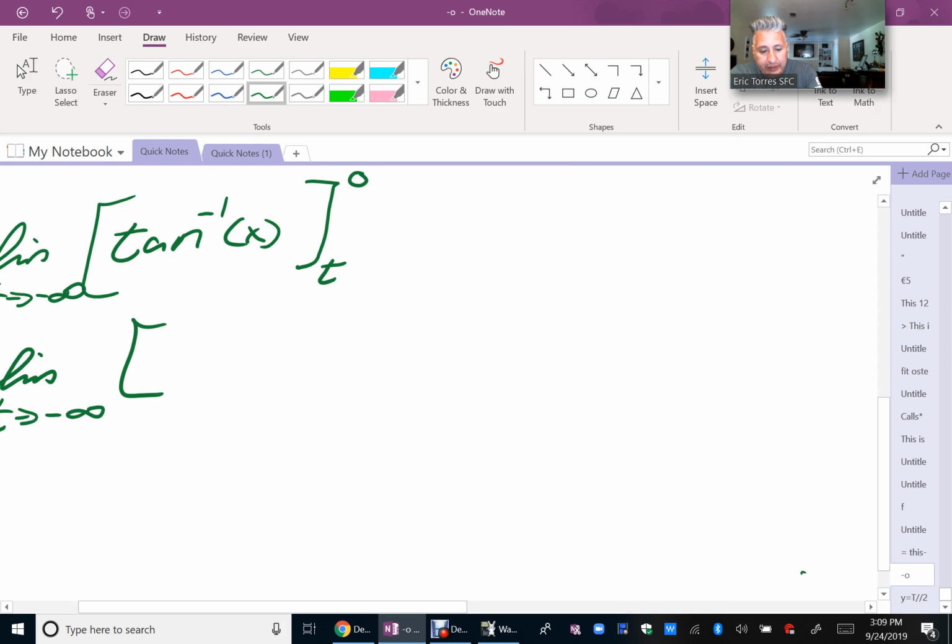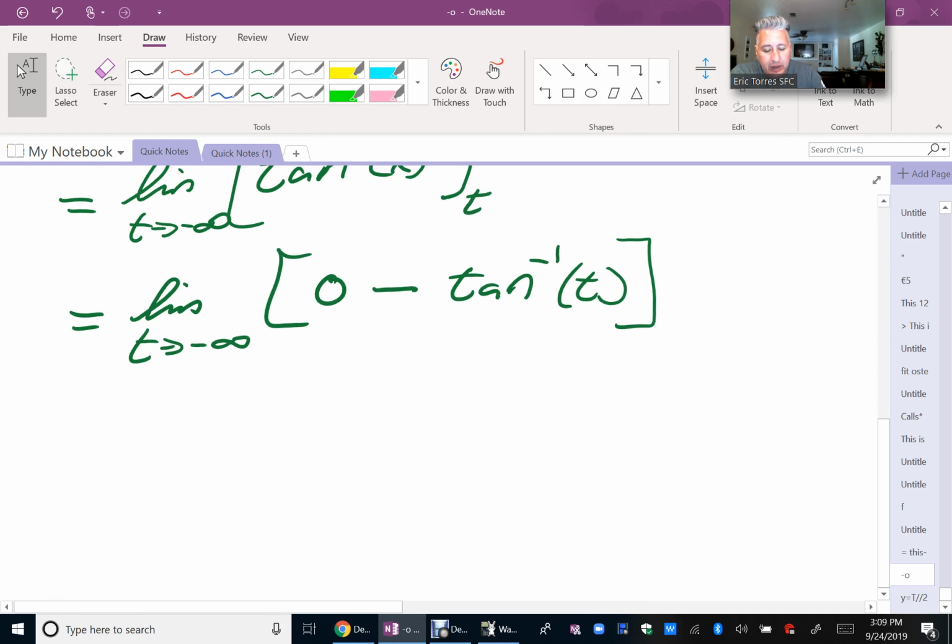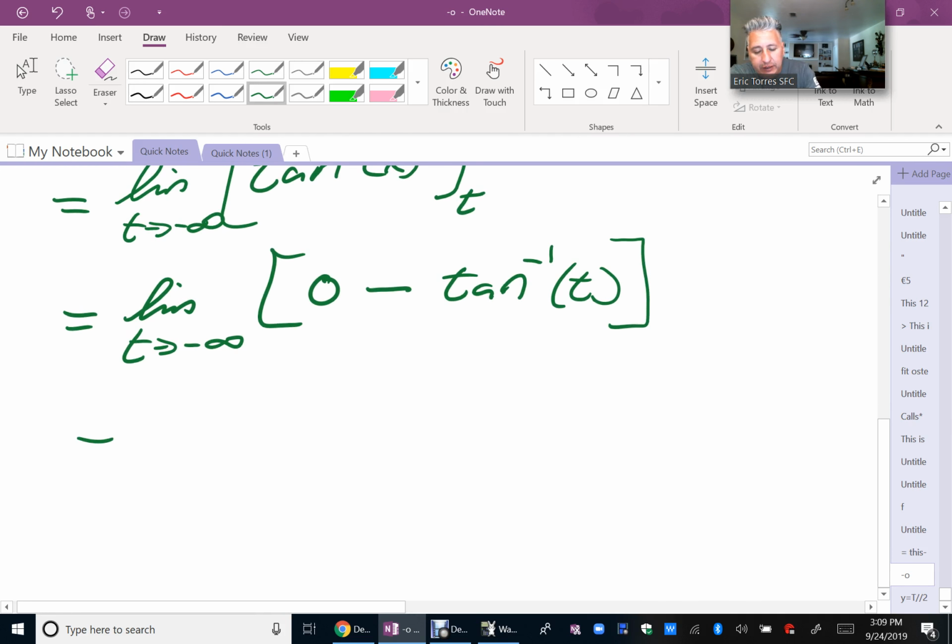So when I plug in 0 for arctangent, I'm going to get 0 minus the arctangent of t. Taking the limit of a constant is itself, so the limit of 0 is 0.